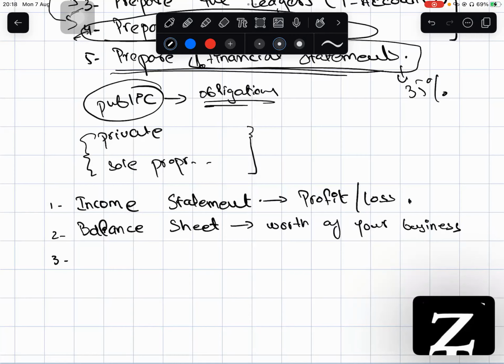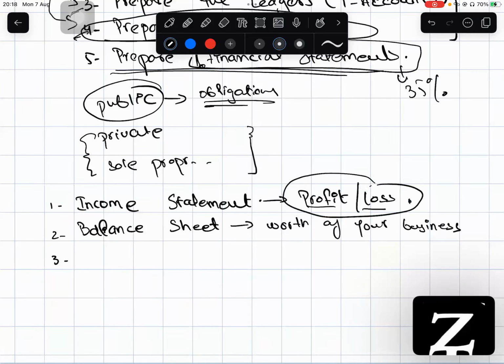Let's take the example of a car, for example. If you have a car and you have given the car on rent to a driver who drives it for Uber, you pay him a wage and he brings you the money. The money that he brings you, and the amount that you're spending on fuel and all that, is going to be used to calculate your profit or loss: what the driver is bringing in versus what you are spending to keep the car running.